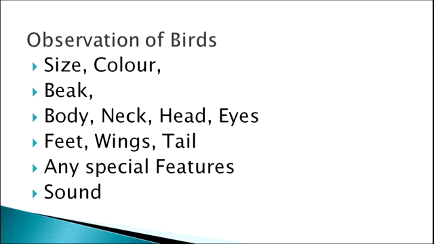Similarly, in another example, observation of birds, the teacher can ask children to observe different birds: their size, their color, the shape of their beak, their body, neck, head, eyes, feet, wings, tail, or any other special feature or sound.